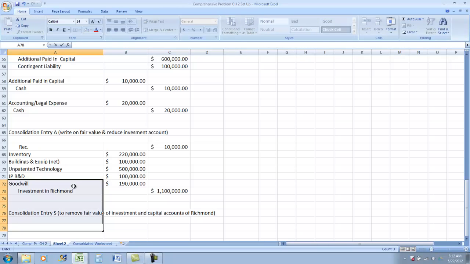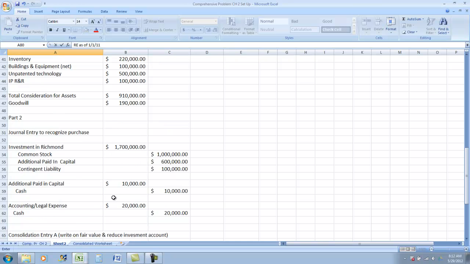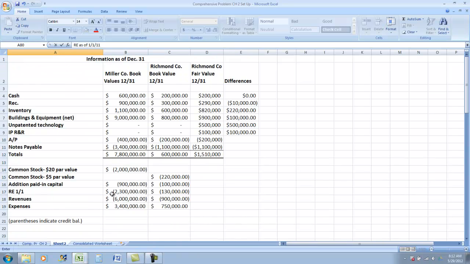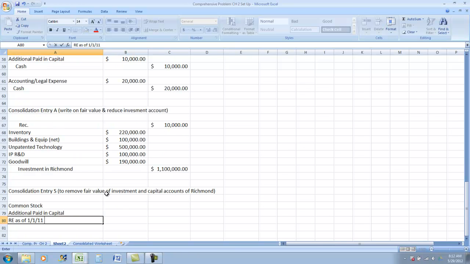So, what you'll do is you'll put the capital accounts of Richmond, common stock, additional paid-in capital, and retained earnings as of 1/1/11, plus net of income and expenses.